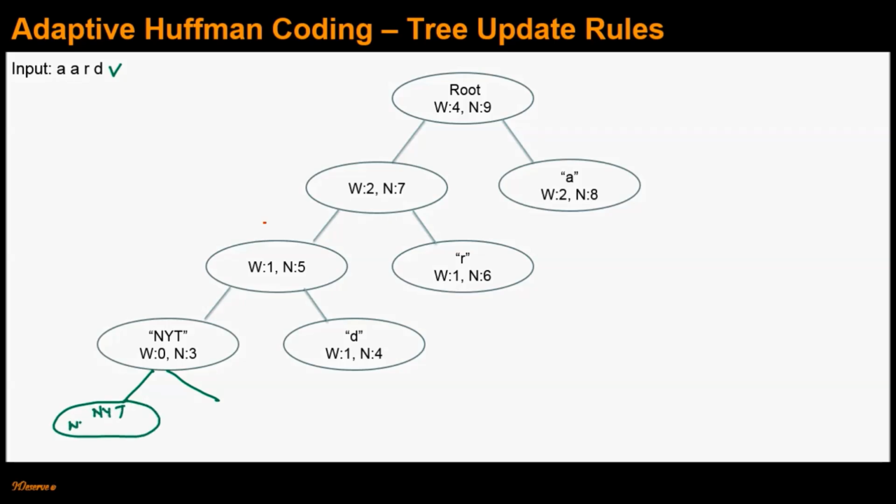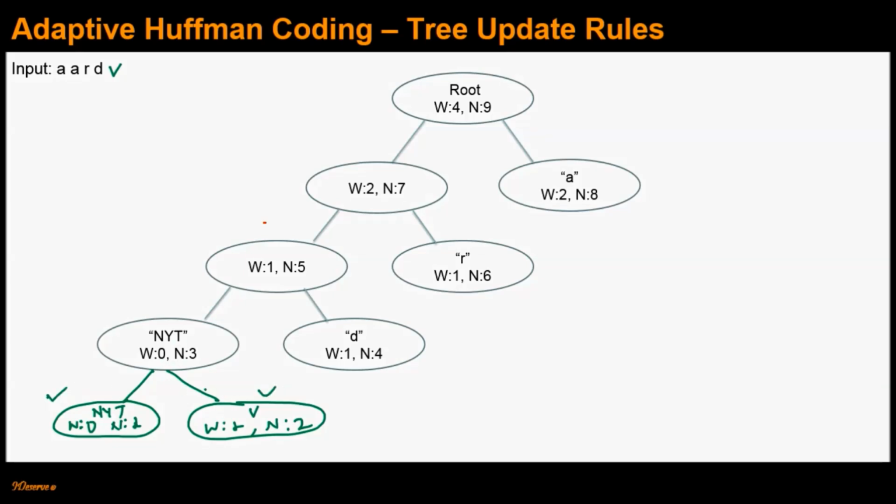Its weight would be 0 and N would be 1 for the new NYT node. Now the right node would be node V, so its value would be V. Then its weight would be 1 because the frequency of character V is 1. N for node V would be 2, right?